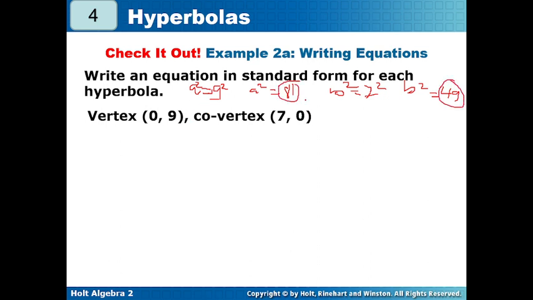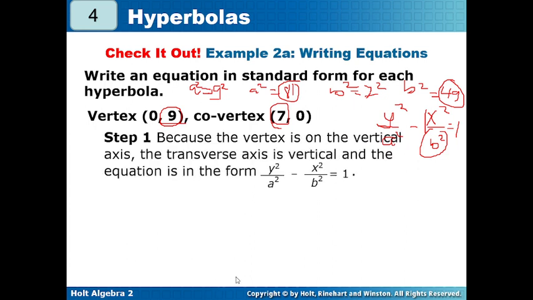The question is, how are you going to find the placement of your a squared or b squared, for your x and y squared? We could see that your vertex is at the y-intercept, so therefore y is here. And you see that your co-vertices is at your x-intercept, so therefore b squared is with your x.